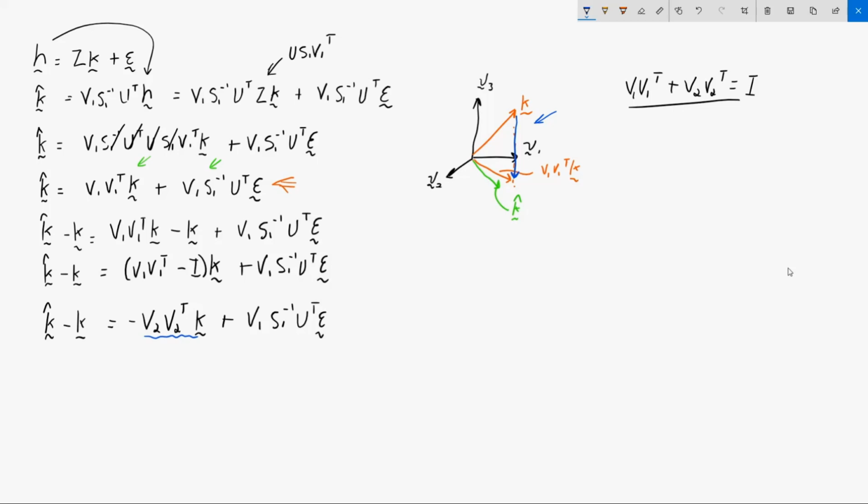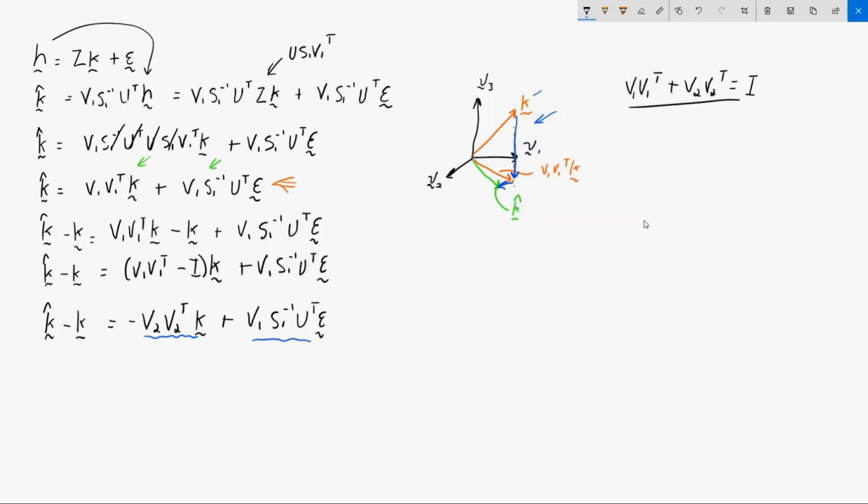This is the cost of uniqueness, the fact that I must estimate not k itself, but the projection of k onto the solution space. And then once I'm in the solution space, I have a second component of parameter error, that arising from this term here, that arising from noise in the calibration data set.